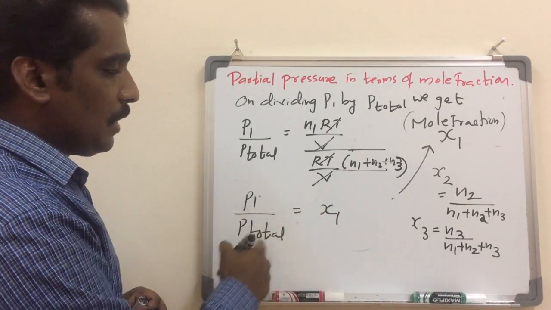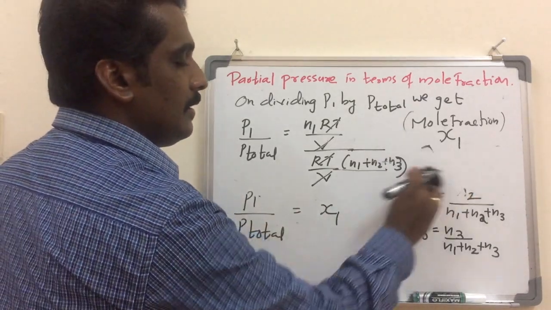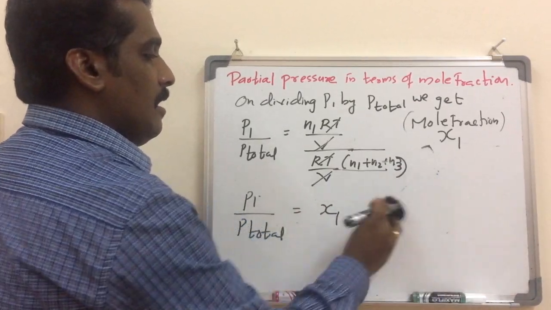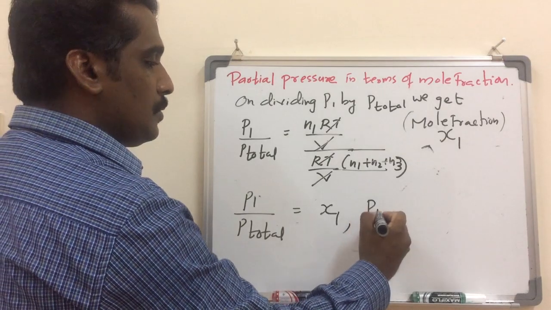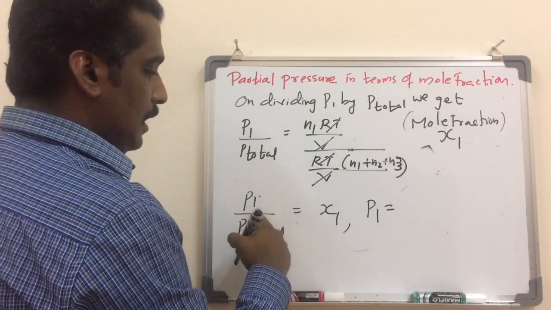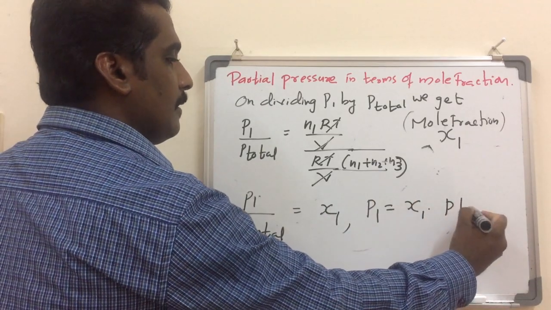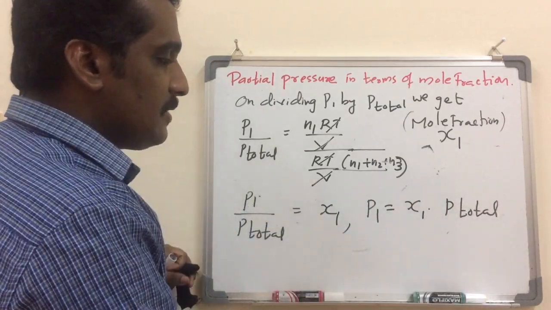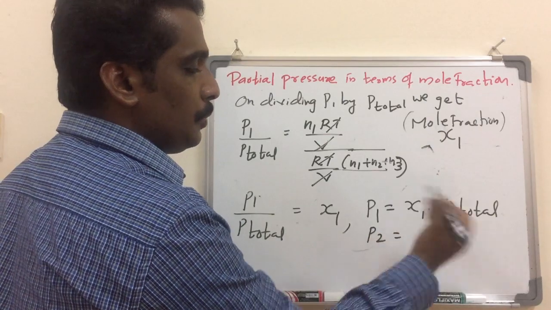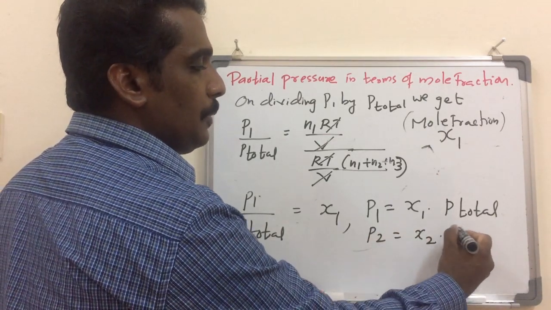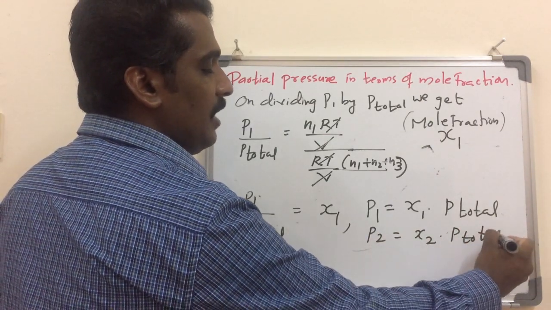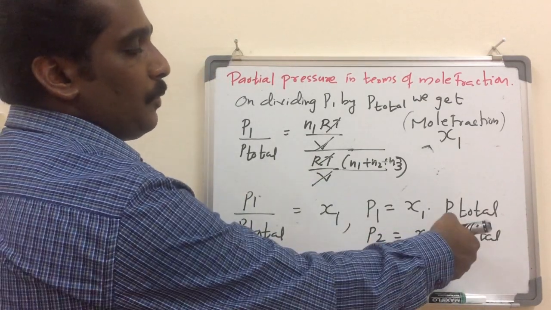So P1 by P total equals X1. Then P1 equals X1 into P total. Like this we can write P2 also. P2 equals X2 into P total. How will you get this equation?